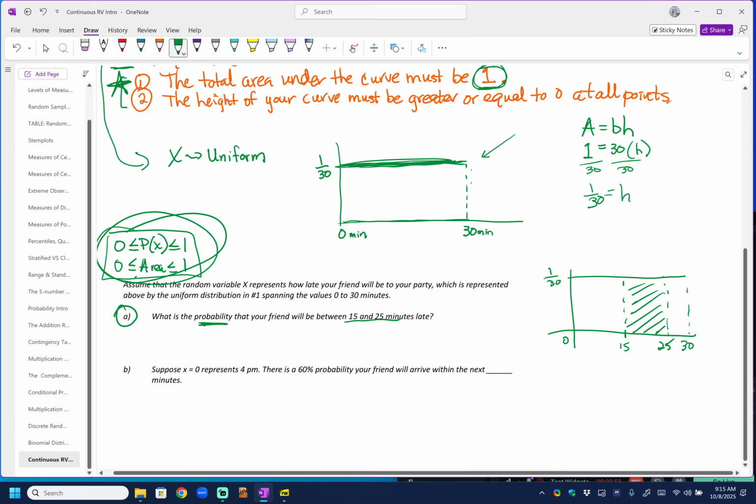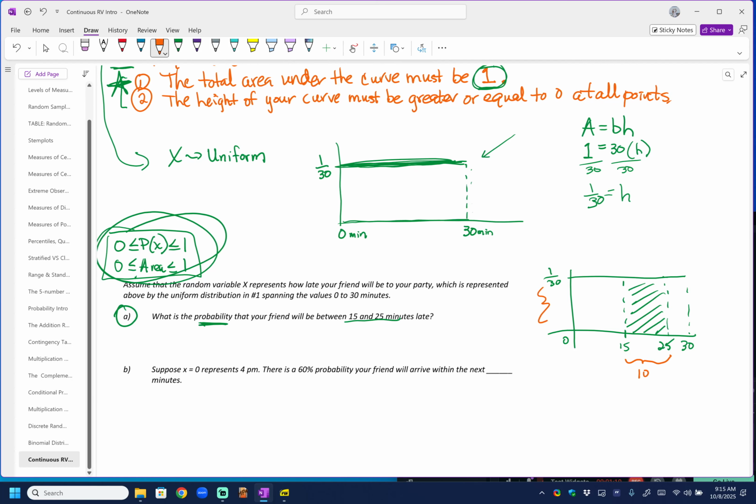Well, it should be pretty straightforward for you. This is just basic geometric rectangle area. We know that the base of this rectangle is 10, or 25 minus 15, and we know that the height is 1/30th.